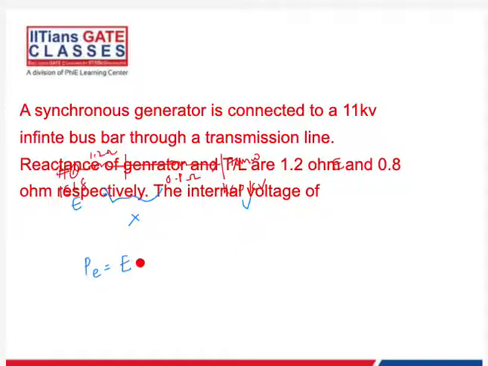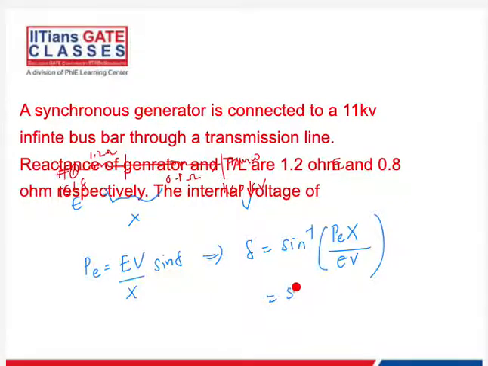PE equal to EV by X times delta. So delta would be the inverse of PE X divided by EV. If you substitute the values, you will get 20 into 10 power 6 into 0.8 divided by 11 into 15 into 4 6. 4 6 and 4 6 cancel.